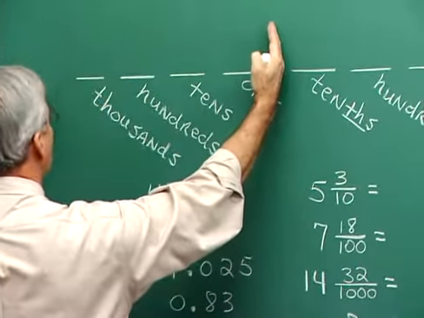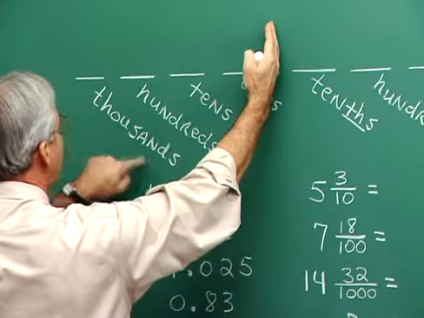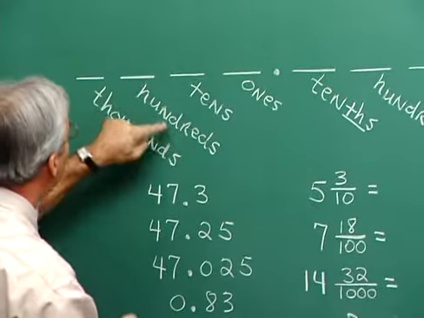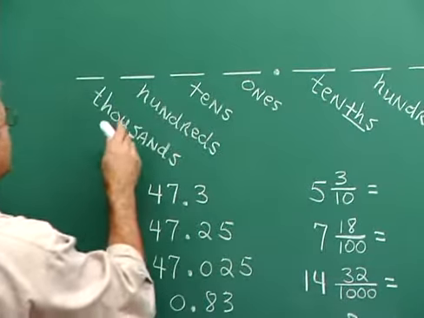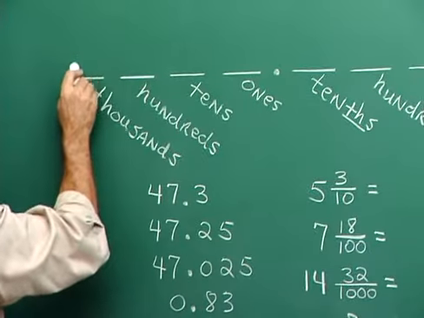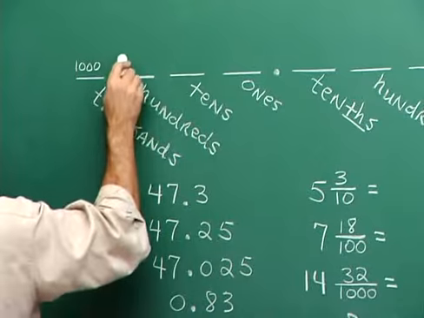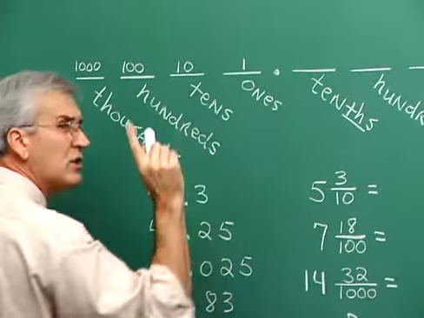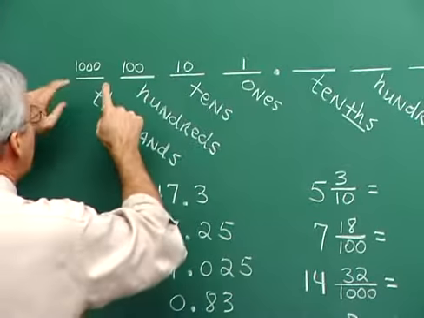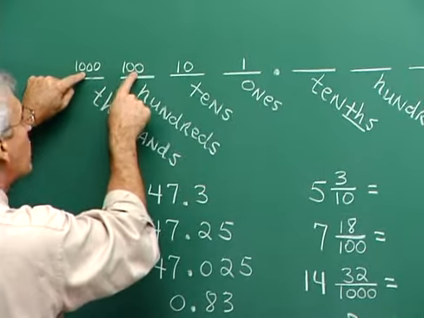So if we have a whole number over here, the number that is in this position is the thousands digit, and here we have the hundreds digit, the tens digit, the ones digit. Let me write that down. And here's what I want you to notice: if we take this 1,000 and divide by 10, we get 100.